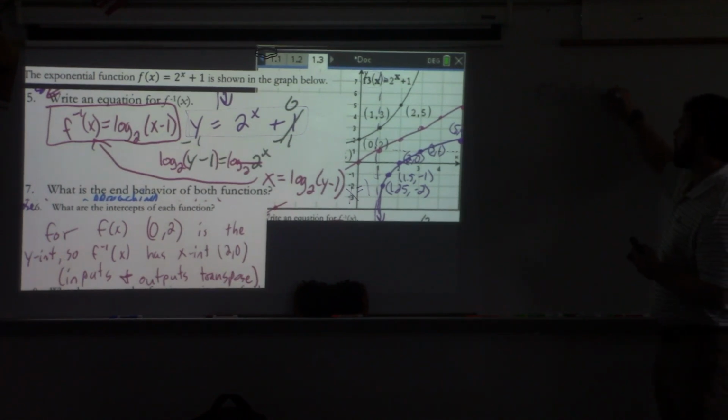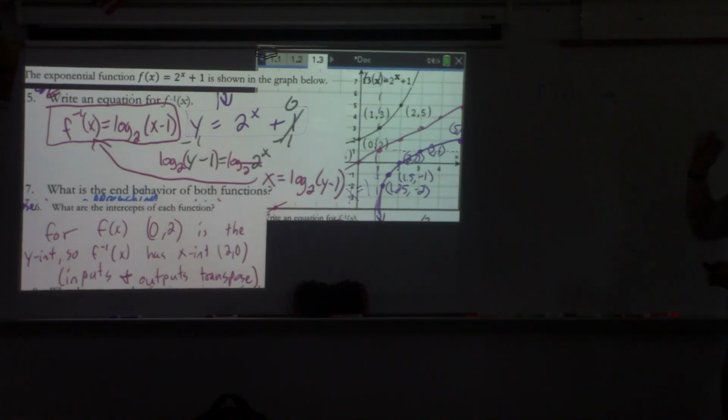How about a logarithm? Right? If it's the inverse of an exponential, without showing all the steps, I'll walk through those in a second, you should definitely have a logarithm. What should be the base of that logarithm? It would have to be at least a base 2 of x. And if you explain something like that, that's evidence of understanding.